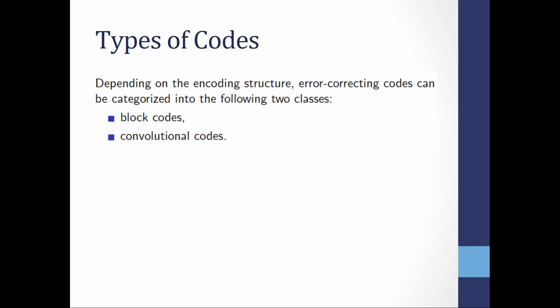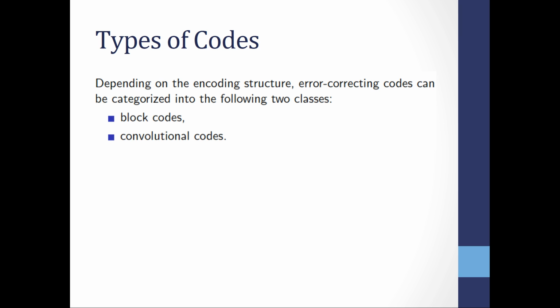While block coding takes a block of bits, let's say a vector of 10 bits or 20 bits, which we call the information sequence, we get a corresponding code word sequence that represents this information.